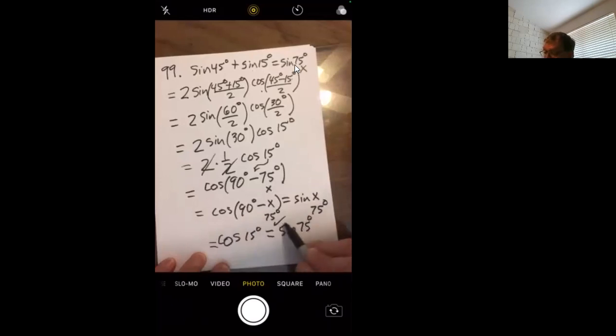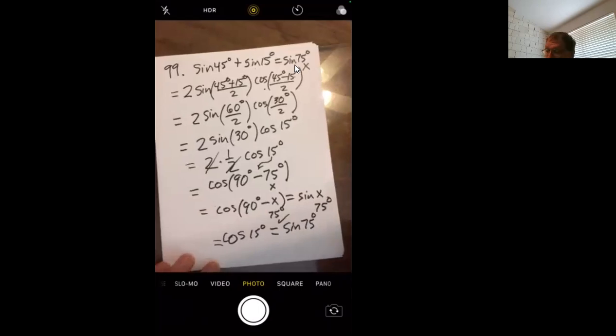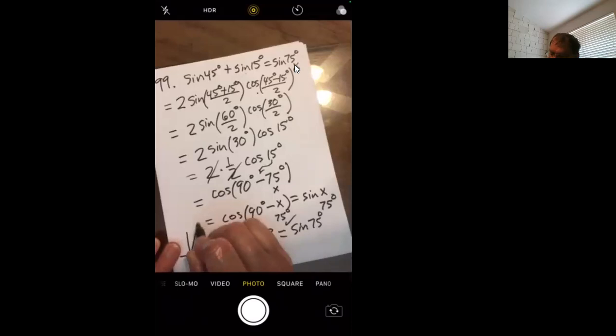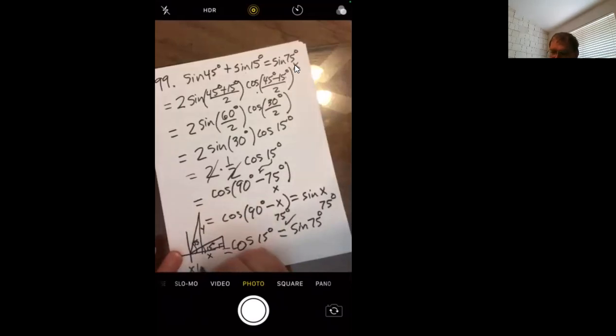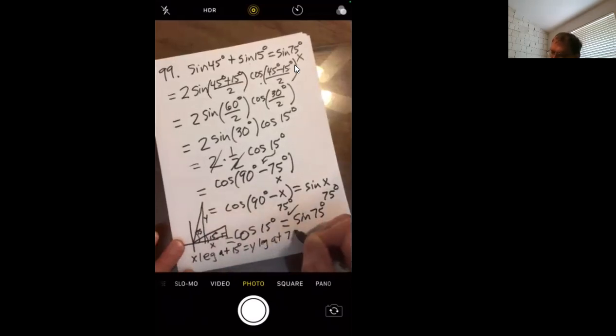And again, you can punch it on the calculator. It essentially means that the x leg at 15 degrees equals your y leg at 75 degrees.